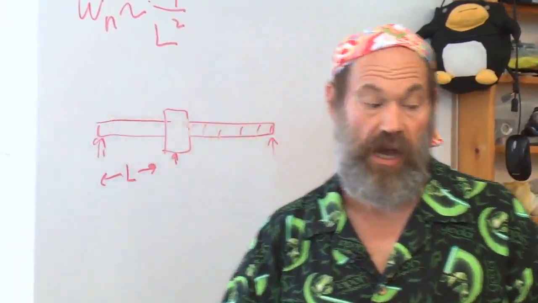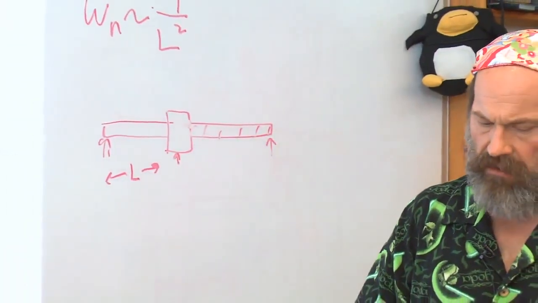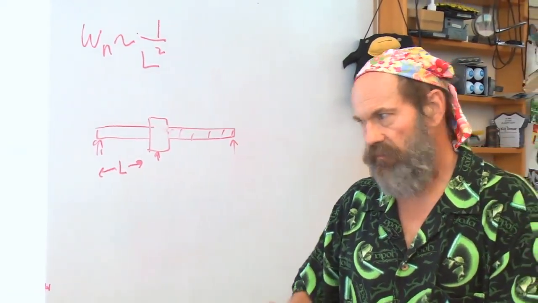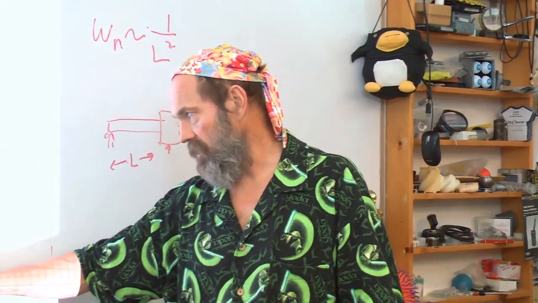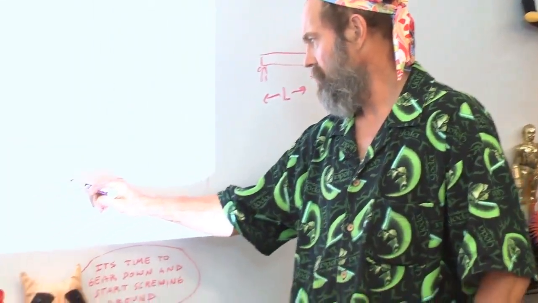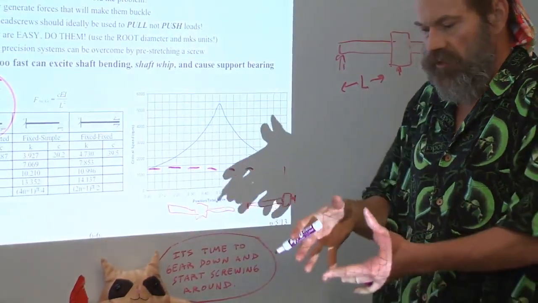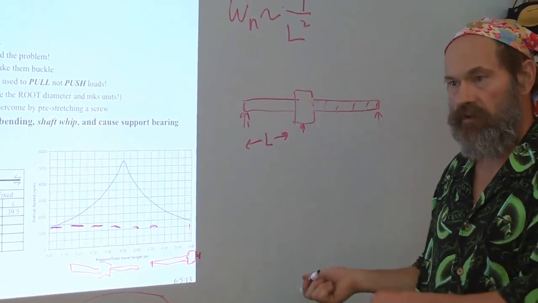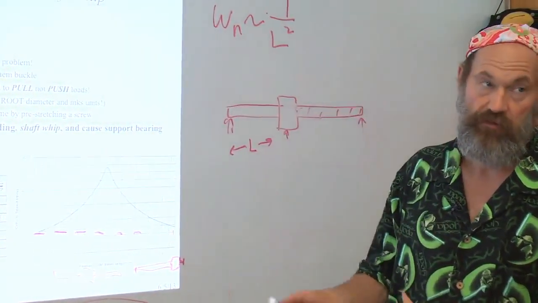So now you start thinking, if I make the shaft not have shaft whip, assuming that this is the maximum speed I'm going to go at, my limiting speed, you end up with this really big diameter lead screw shaft, which then in turn, remember we talked about earlier, the motor torque gets really high.